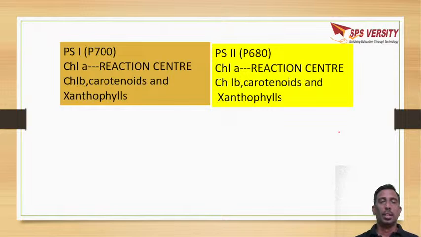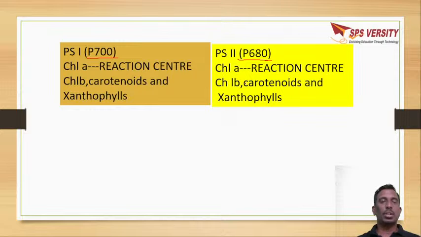In PS1 the reaction center, which has chlorophyll A, is called P700, and in PS2 it is called P680. Along with chlorophyll A, chlorophyll B, carotenoids and xanthophylls are also present. In a photosystem there are antennae and a reaction center.